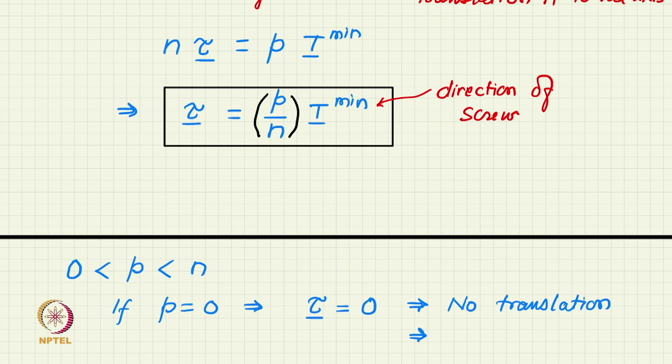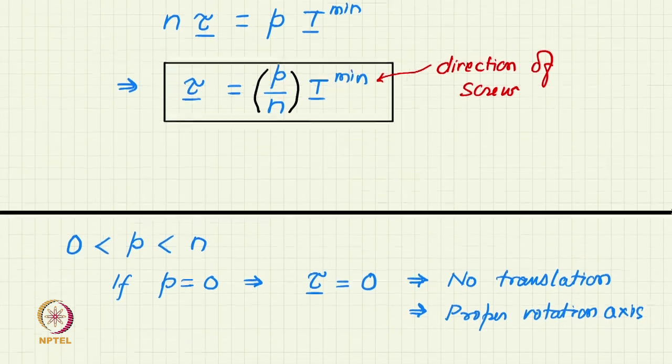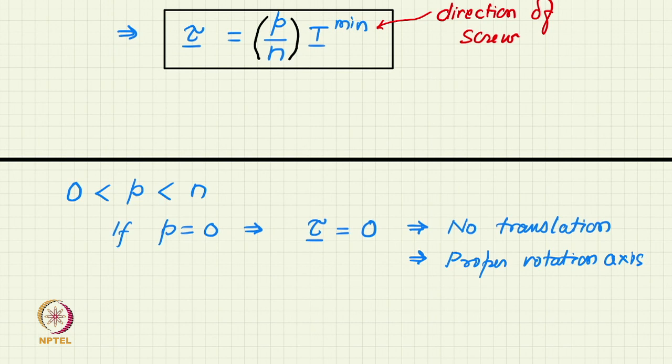So, that is a pure rotation axis. So, p equal to 0 will not give us a screw axis, but a pure rotation axis.